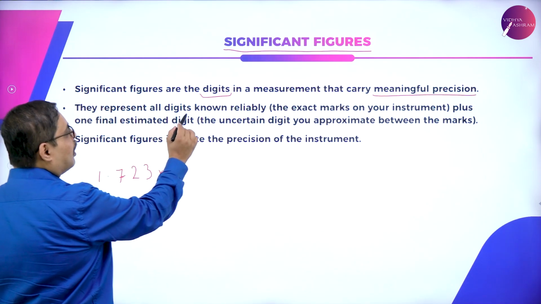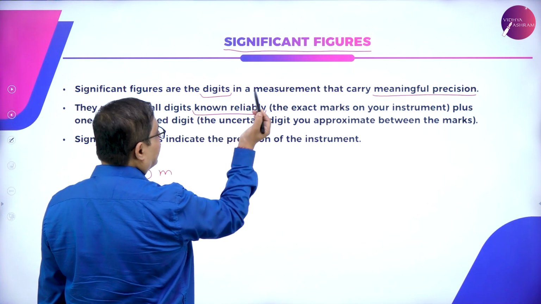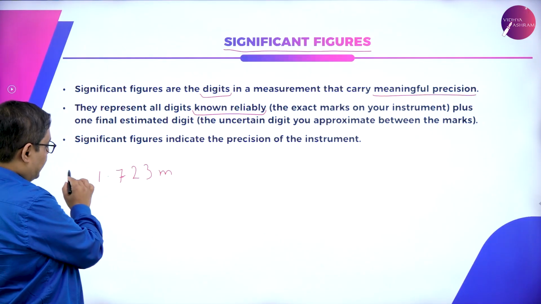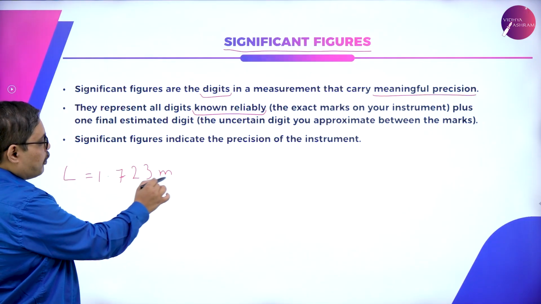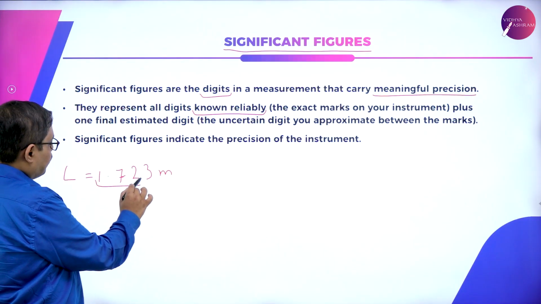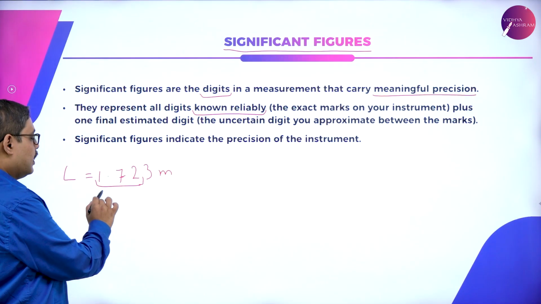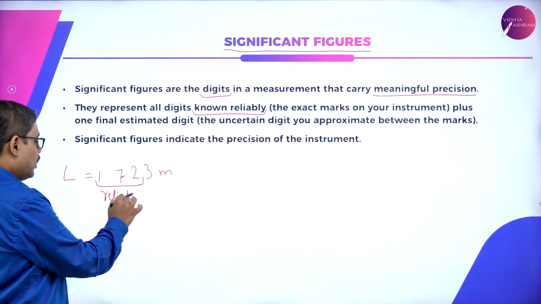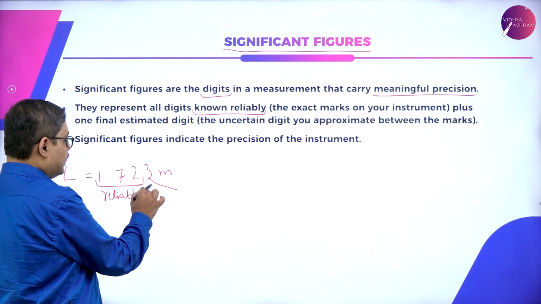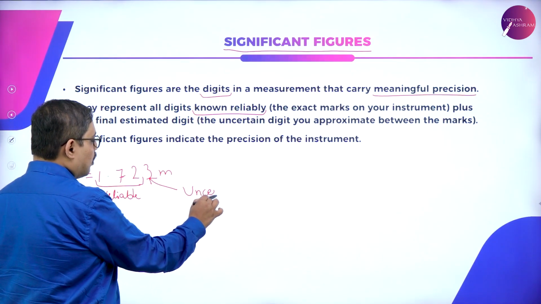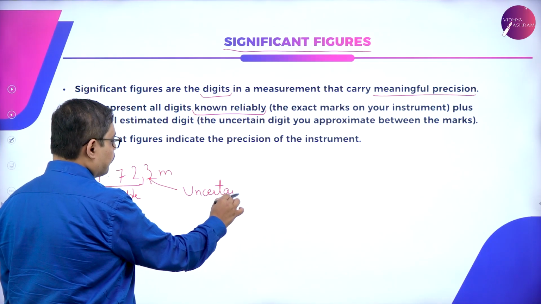They represent all digits which are known reliably, which means that if I am writing that the length of the table is 1.723 meter, generally the first set of numbers except the last number are called reliable, and the last digit in the measured value is called uncertain.